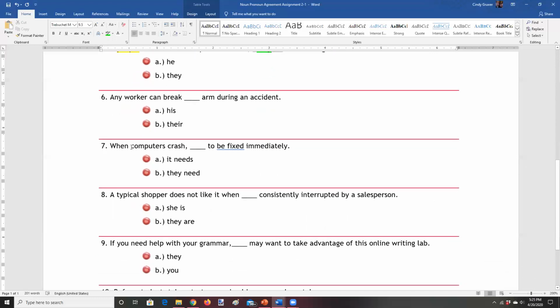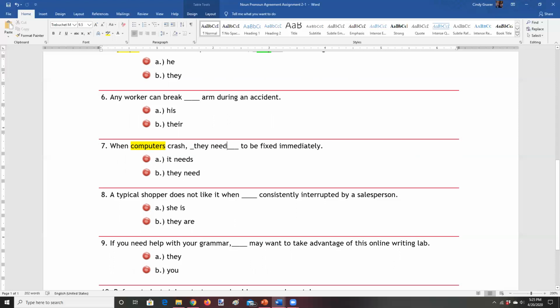When computers crash, that is our antecedent. It's plural, so we're going to need to use they. They need. If we said when a computer crashes, we would say it needs. You can see that the form of the verb changes whether we're saying they or it. We don't think about it if we're native English speakers. We just say it. It comes out correct.